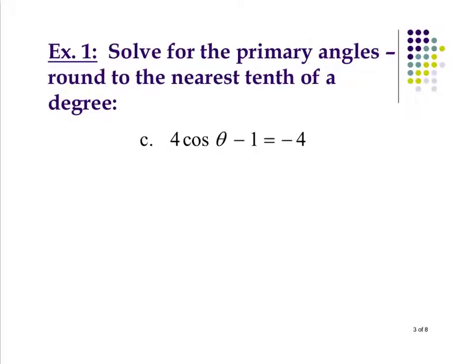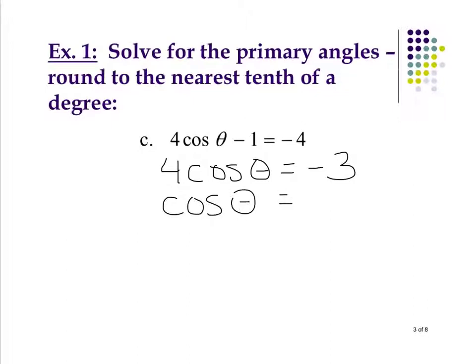Now try example 1c. Press play when you're ready to begin again. Okay, so we're going to treat cosine theta as if it's an x, and we're going to get 4 cosine of theta is equal, you add 1, you'll get -3. So our cosine of theta is equal to -3/4.